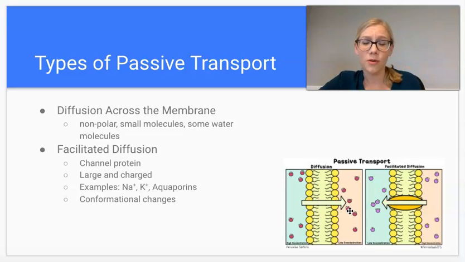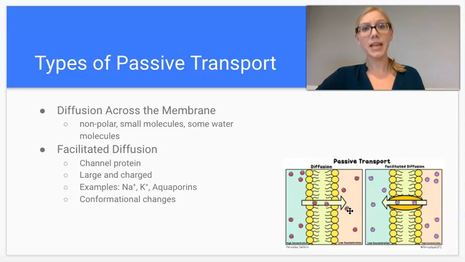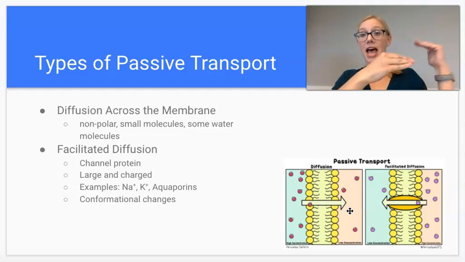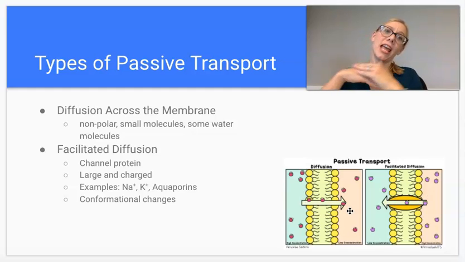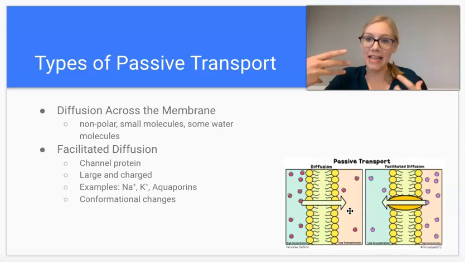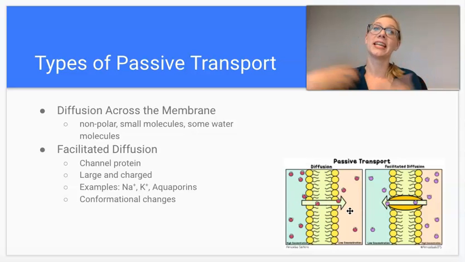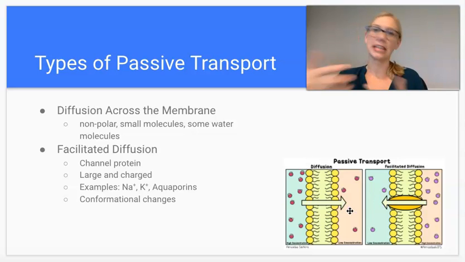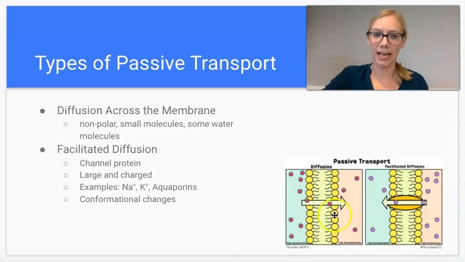An important thing to remember with diffusion and molecules moving through is that even when they look equal or even, it's not that those particles stop moving. Those particles are always moving and passing back and forth through the cell membrane and transferring from one location to another. We just say that the net or the overall movement is equal in both directions when we hit something called equilibrium, when they're the same on both sides.